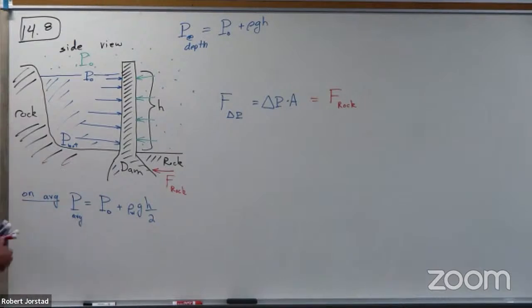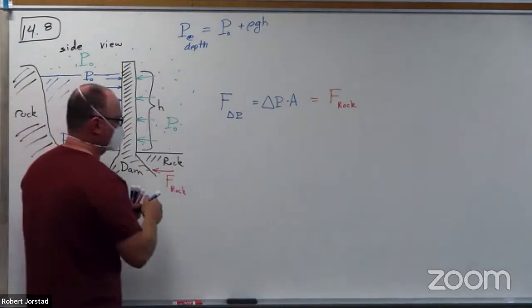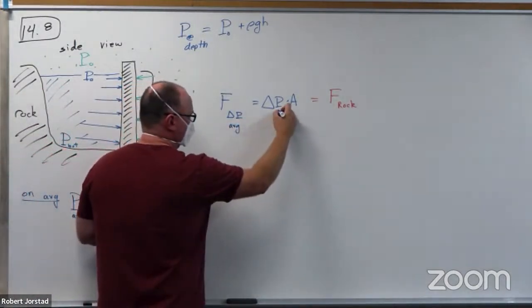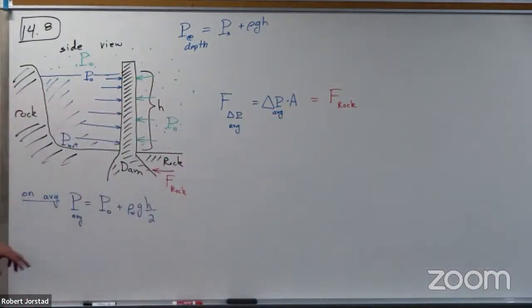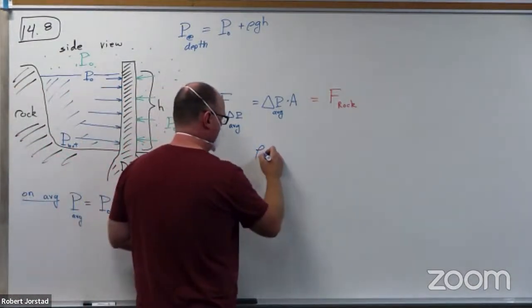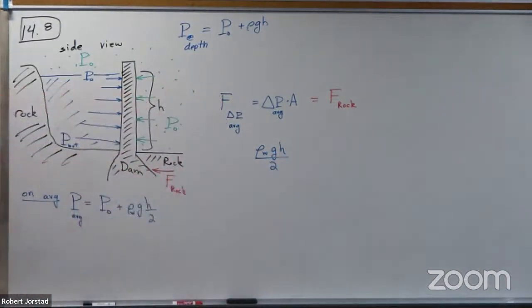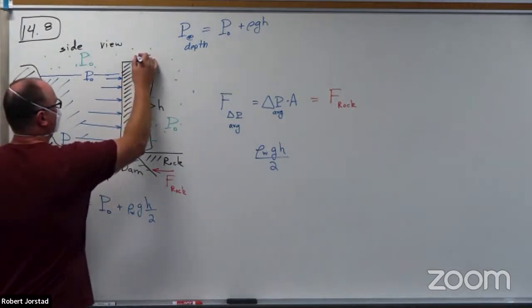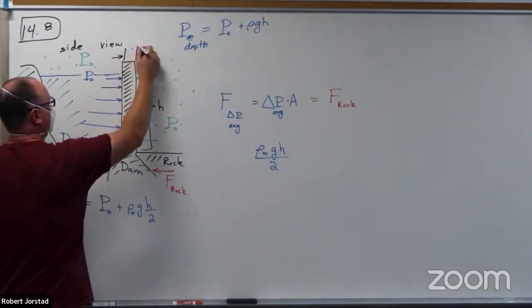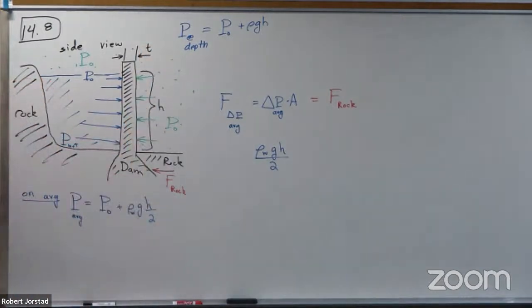Okay, well, in this case, if I plug in the average pressure here, the pressure difference gets rid of the P naught term, and I get rho G H over 2. And now I need the area of the dam. Got to be careful here. Let's say this is the thickness of the dam.